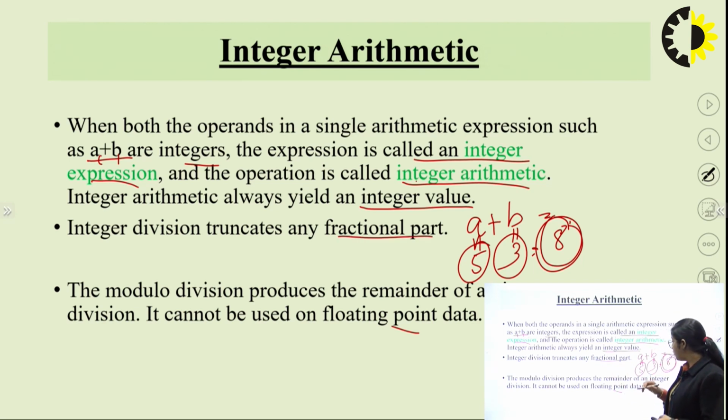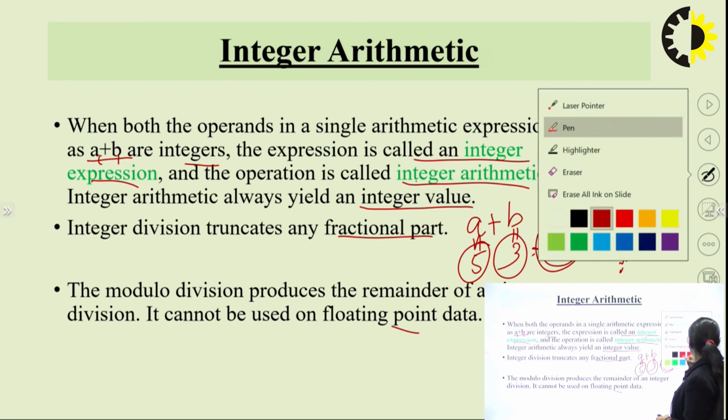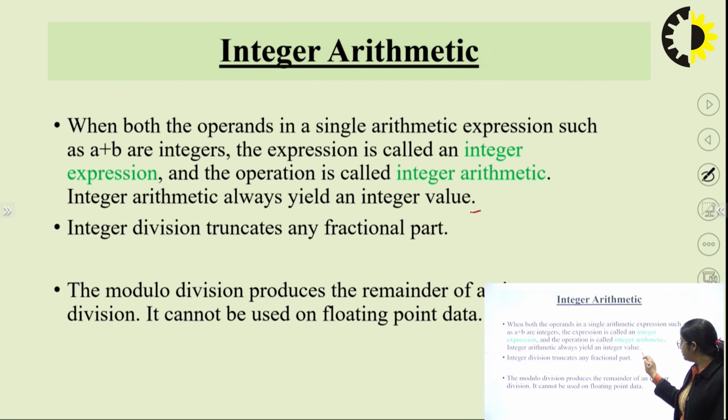Suppose I am having 5 divided by 3. 5 is an integer and 3 is also an integer. Now when we apply the division operator here, what will be the result?